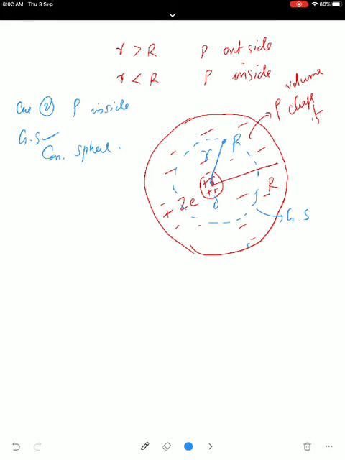What is the flux through this? How will you calculate? Which equation is to be used? Flux is equal to again closed integral E dot ds is equal to 1 by epsilon 0 into q inside.